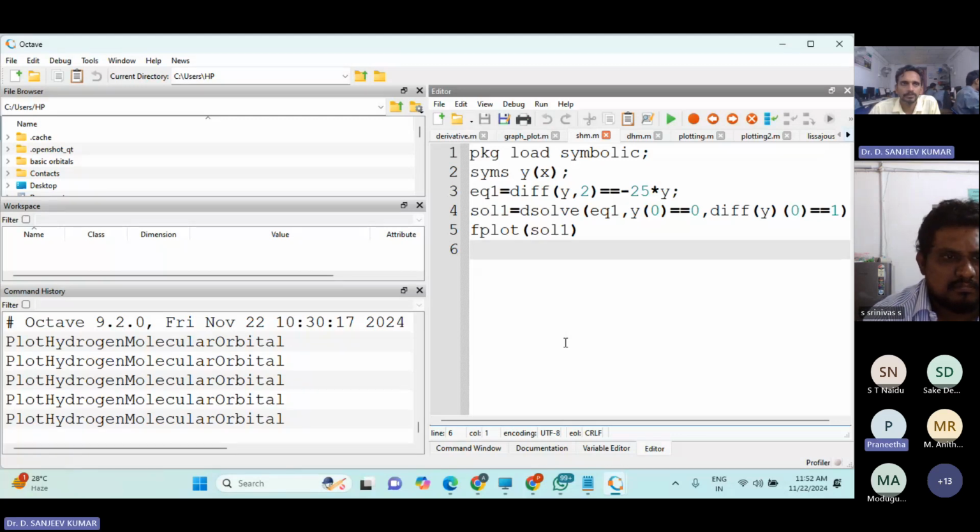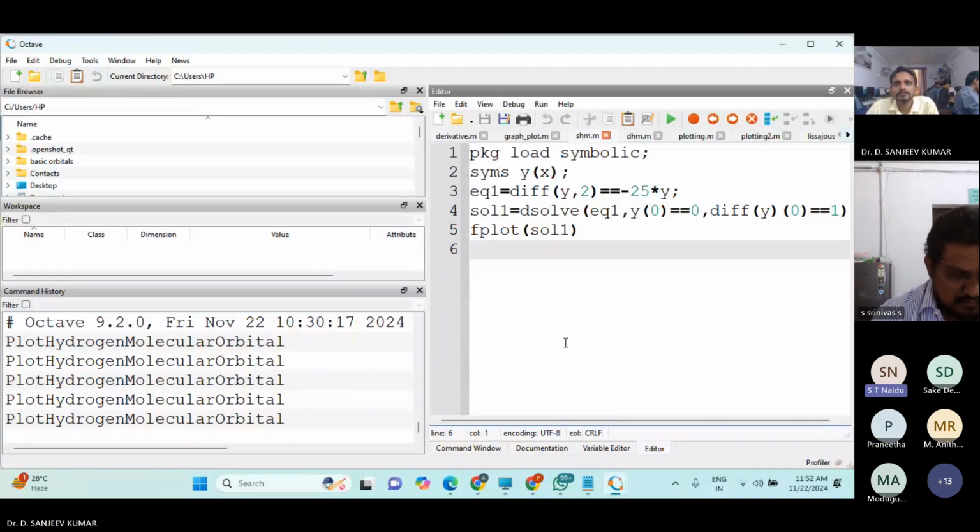The variable definition should be in terms of syms. Syms is a type of variable, symbolic variable. So y of x is a function. Y is a variable which is a function of x. So that is what syms y of x stands for.